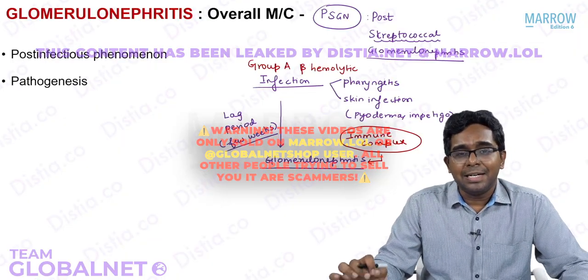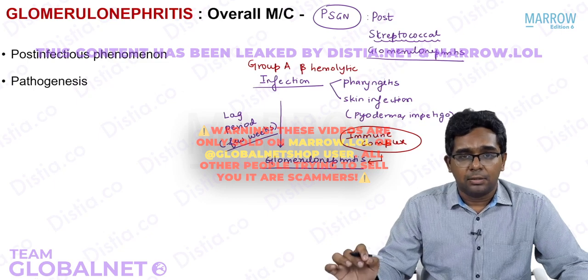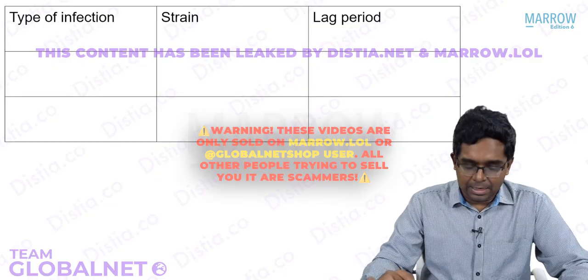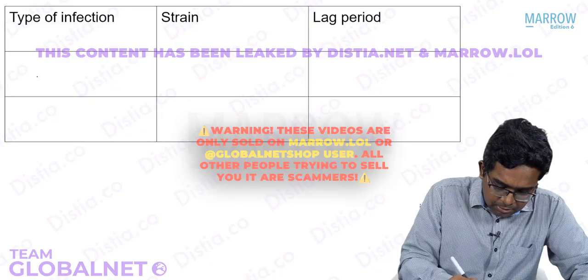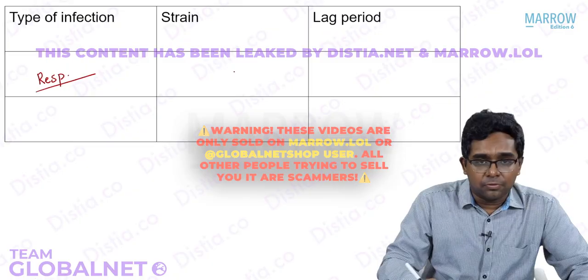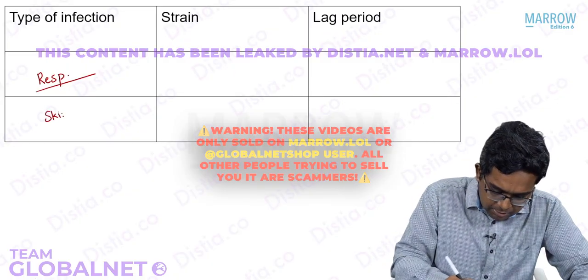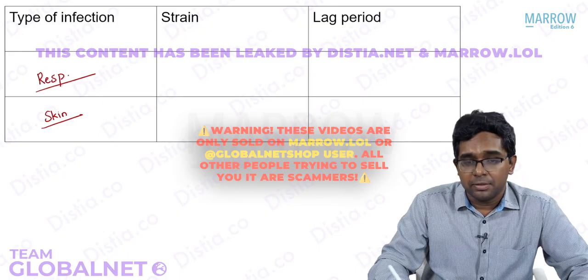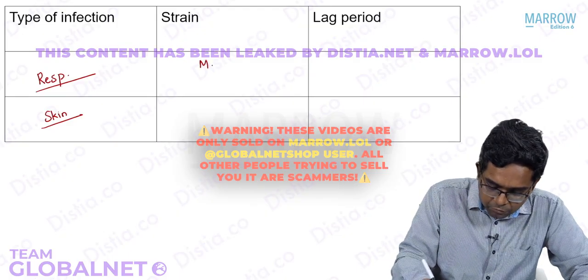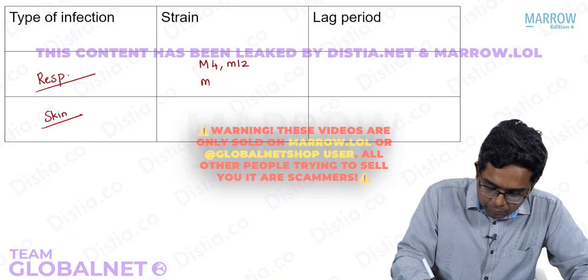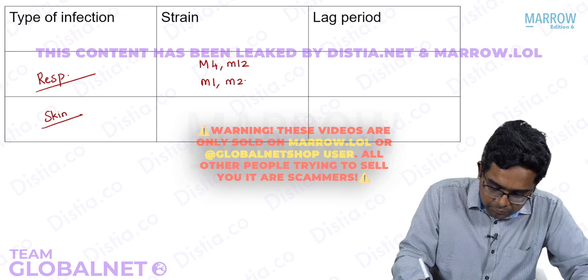Now a little bit in detail about the streptococcal association with glomerulonephritis. You have to know what the strains causing this condition are and what the lag period is. As I said, it could be a respiratory infection like sore throat or pharyngitis, or a skin infection like impetigo or pyoderma. The strains associated with respiratory infections include commonly M4 and M12. The other strains include M1 and M24.